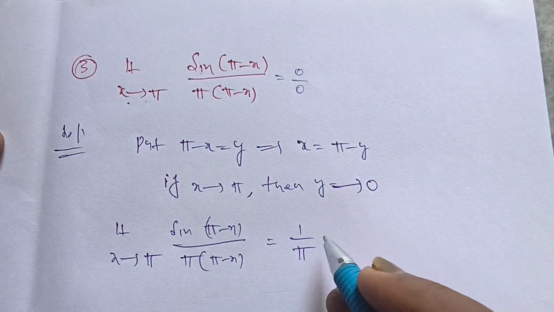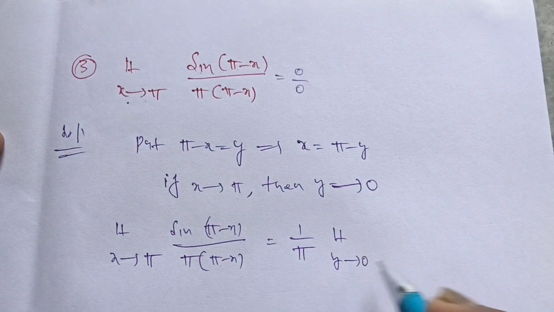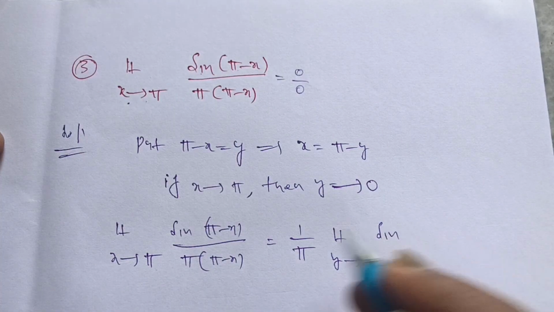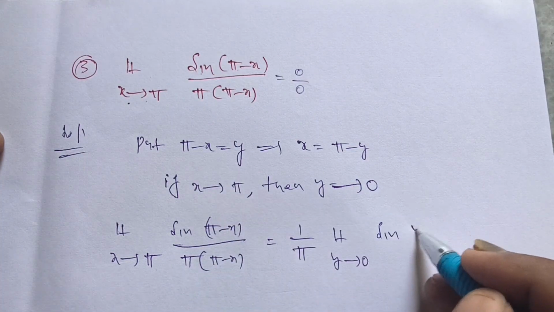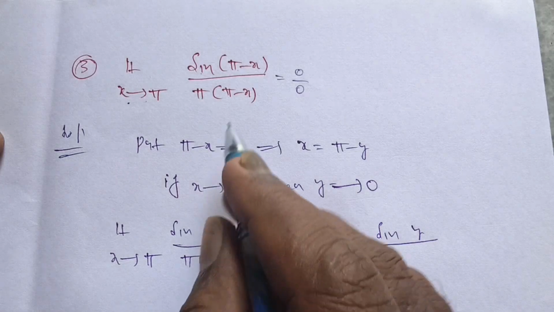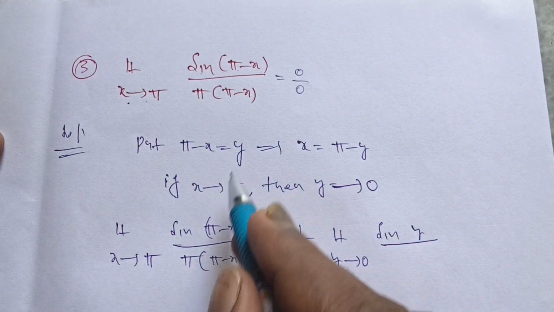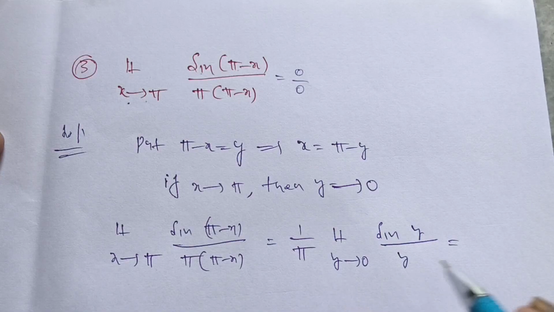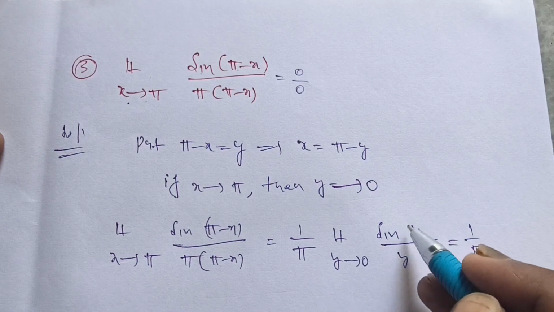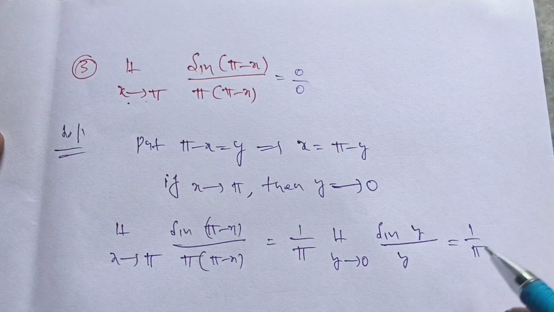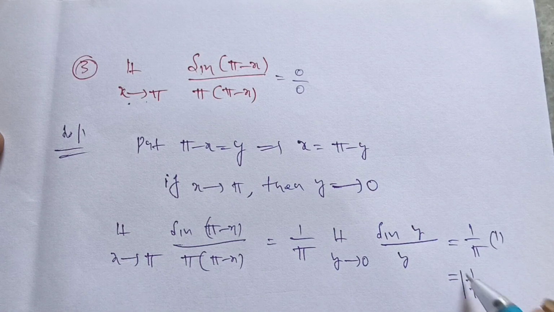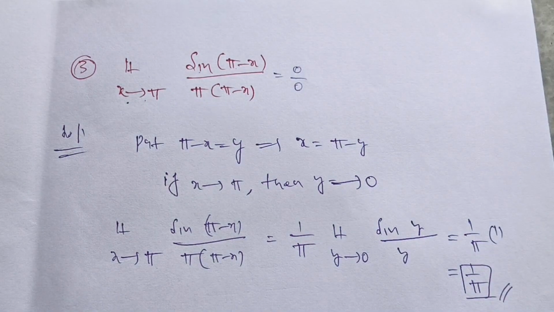Here pi is constant, take it outside, 1 by pi, limit. Convert the total problem into the y variable: limit y approaches 0, sin y by y. So 1 by pi, this total limit is of the standard form, that is equal to 1. So 1 by pi into 1 equals 1 by pi.